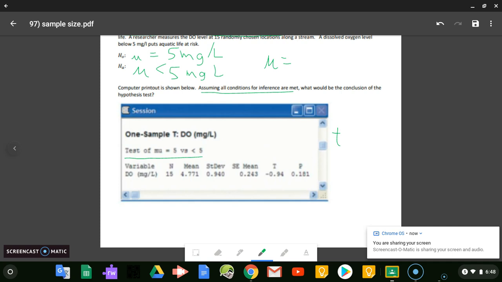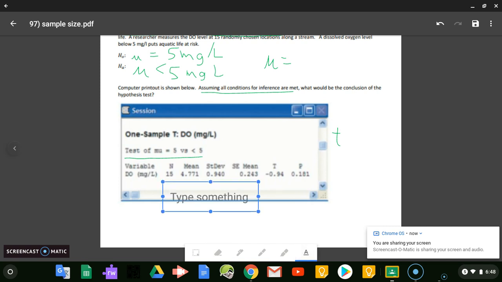If you notice here, they give us the t-score, the standard error of the mean, the standard deviation of the sample, the sample size, and the mean of our sample. So we can label that for ourselves.